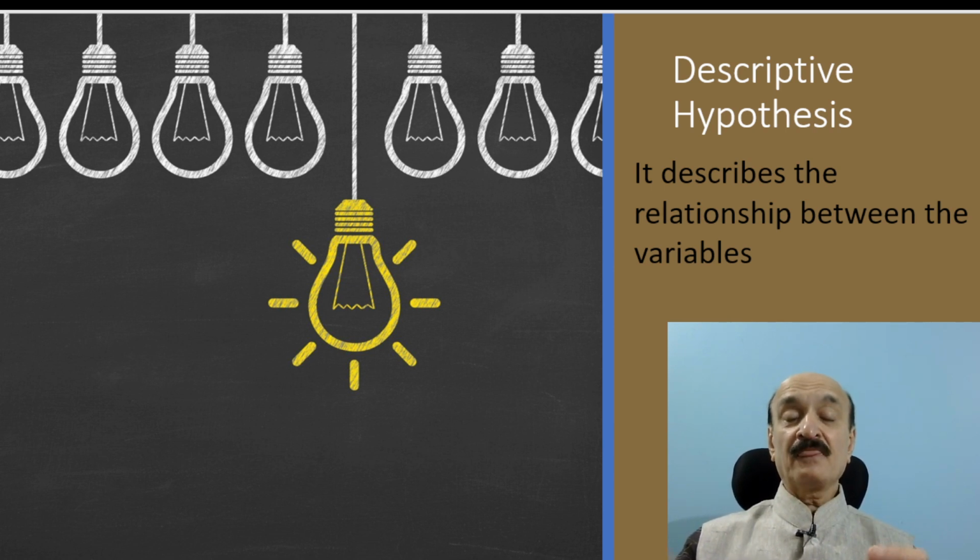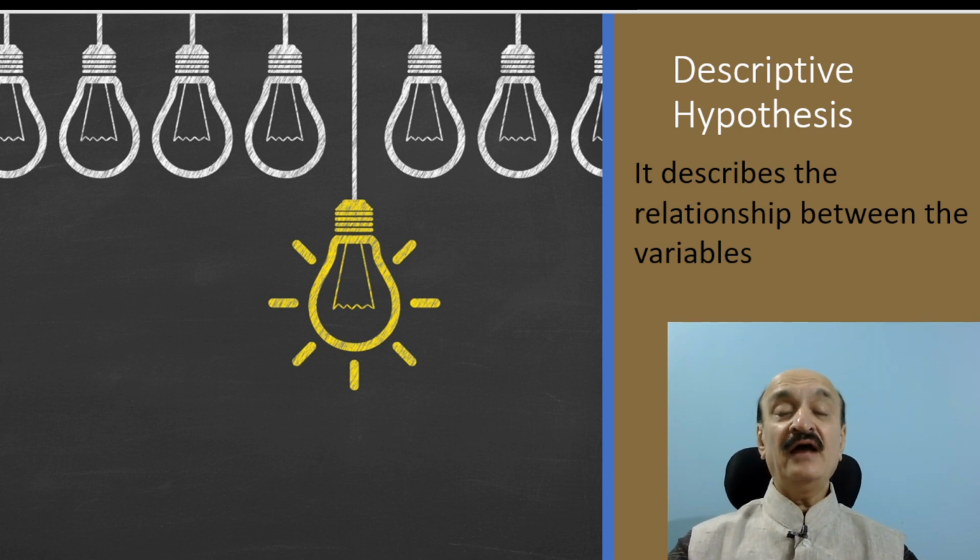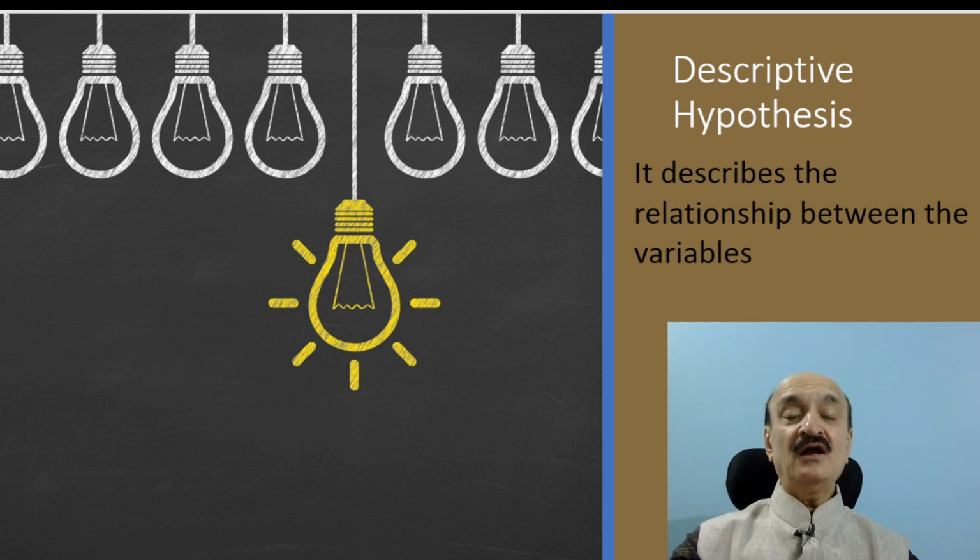I repeat, hypothesis gives a relationship between the independent and dependent variable. So the first type is called descriptive hypothesis. The very word descriptive comes from describe or description. So we are going to describe the relationship between the dependent and independent variable.